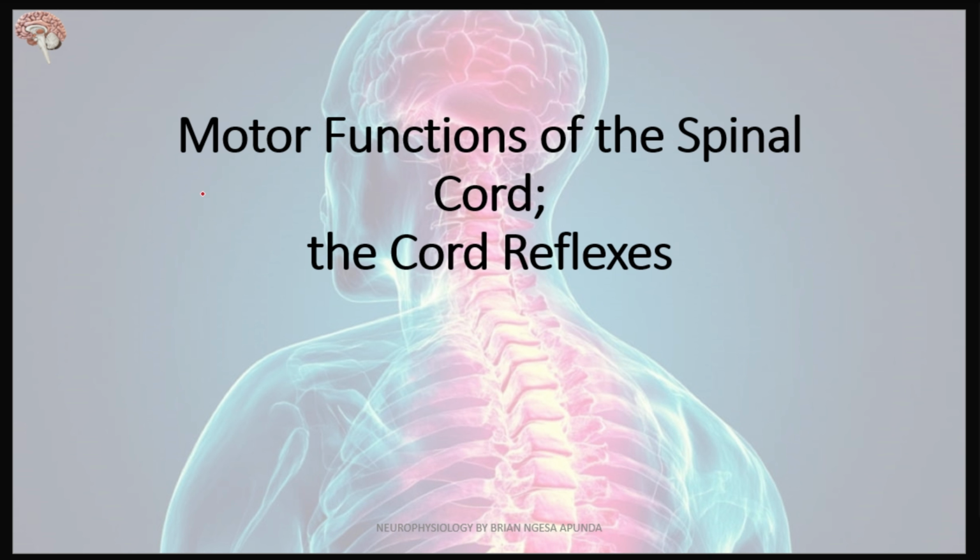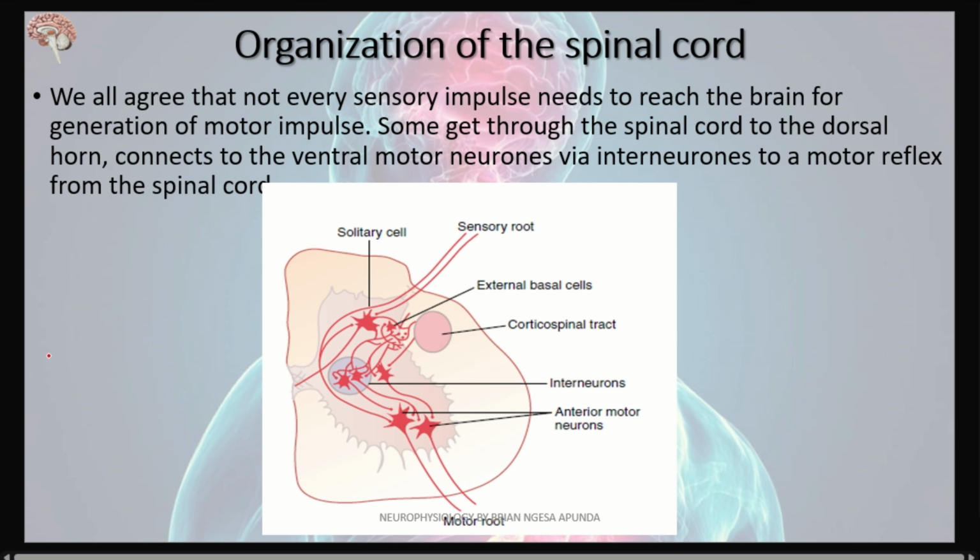So let's examine some of the brief physiological processes that you are likely to see. Of course, we remember some information about the spinal cord. We are able to appreciate the basic organization of the spinal cord, where the dorsal part is likely to contain the sensory part, while the anterior part is likely to contain the motor part.